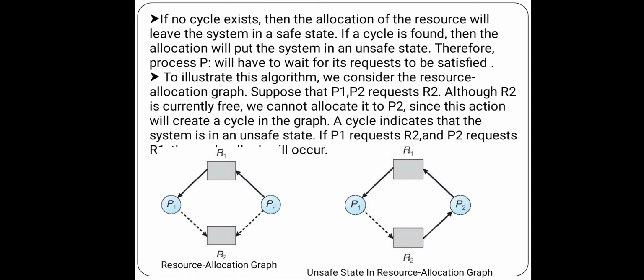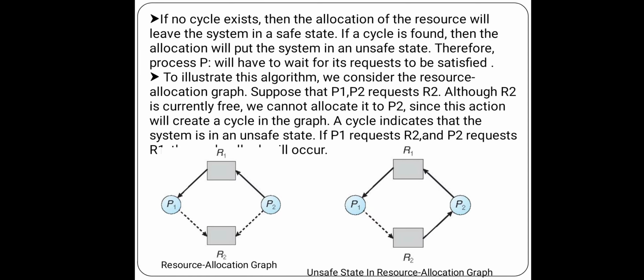If you observe the diagram of the second unsafe state in the resource allocation graph: R2 to P2, P2 to R1, R1 to P1 and P1 to R2. So it forms a cycle. Since the action will create a cycle in the graph, a cycle indicates that the system is in an unsafe state. Unsafe state means a deadlock may occur.